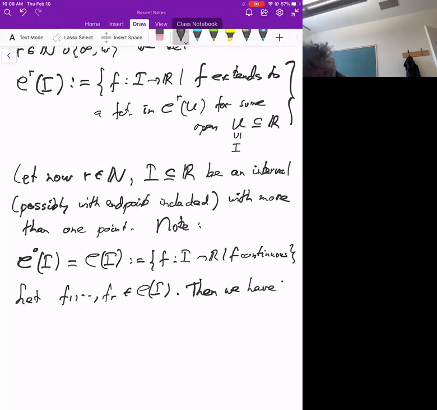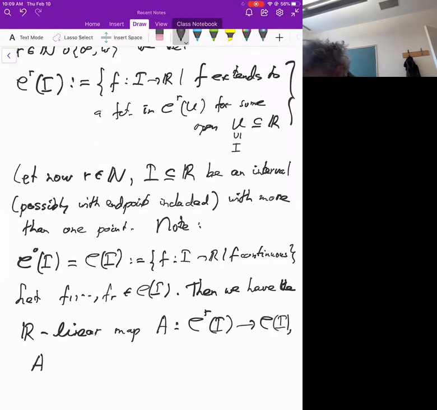We have an R-linear map, let me call it A, from C^r(I), the r times continuously differentiable functions on I, to the continuous functions on I. And Ay, how is it defined? It's the r-th derivative of y plus f1 times the (r minus 1)-th derivative, and the last term is fr times y, the zeroth derivative.